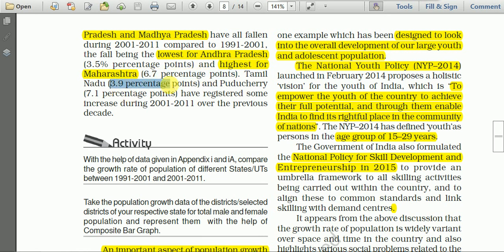Tamil Nadu 3.9%, then Puducherry 7.1%. That means the growth rate in almost all the 6 most populous states of India has been declining when we compare the 2 decades, 1991 to 2001 and 2001 to 2011. The lowest fall is recorded in Andhra Pradesh and the highest decline in Maharashtra with 6.7%.